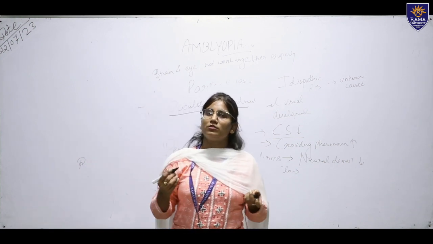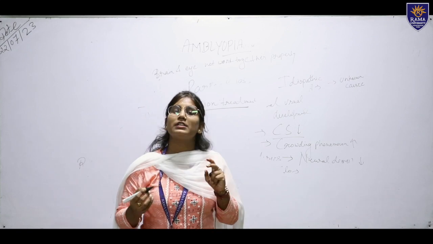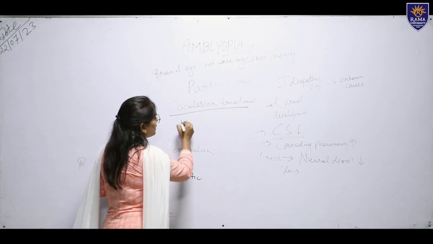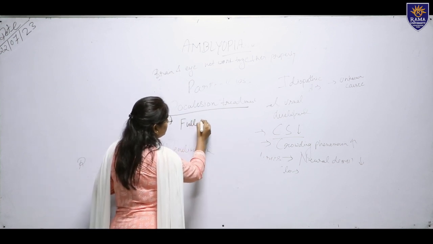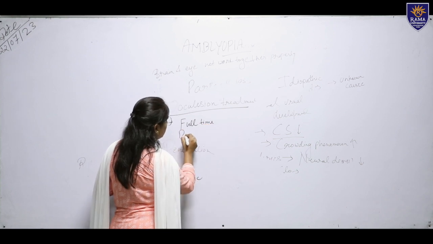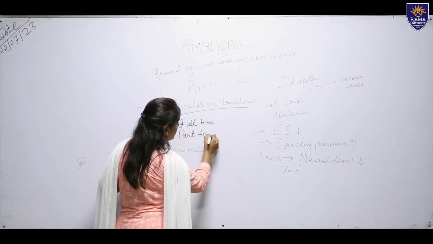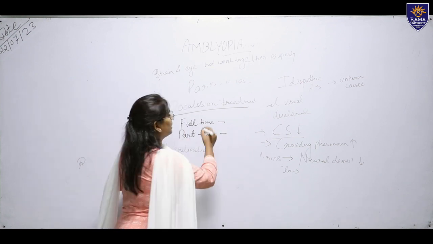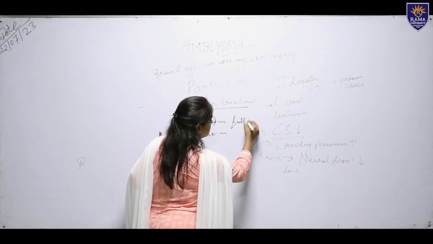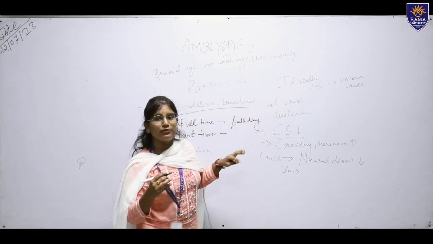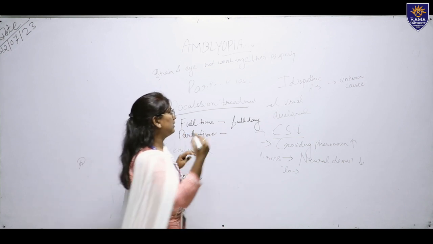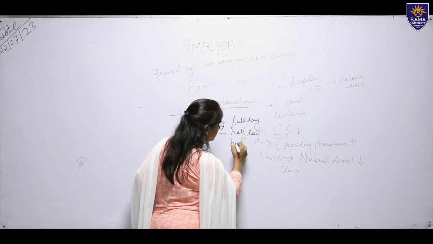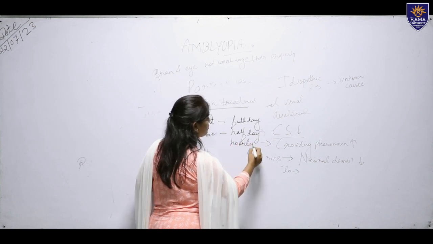Occlusion therapy is given up to 6 years, not given after 7 years. Basically occlusion treatment is given full time or part time. The difference: full time means full day occlusion, and part time means half day or hourly occlusion.